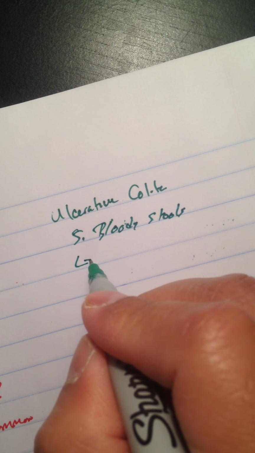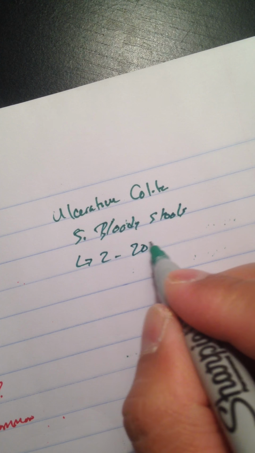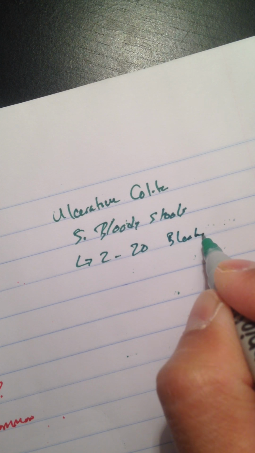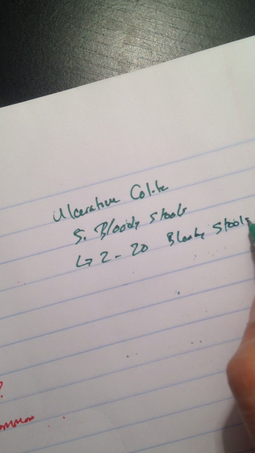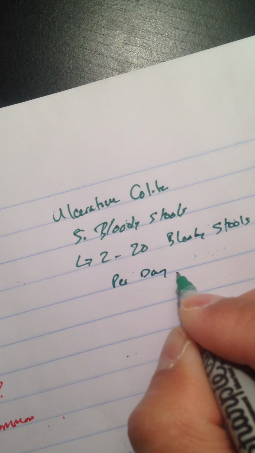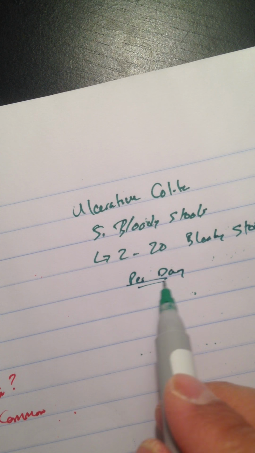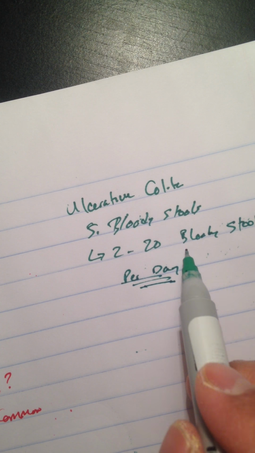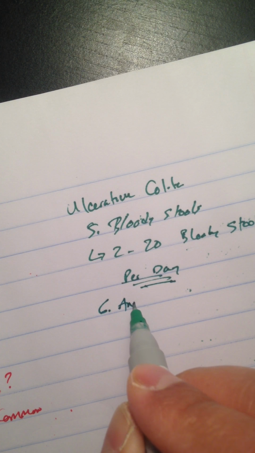But you may have up to 2 to 20 bloody stools per day, depending on the severity of ulcerative colitis. So that is a huge difference. So again, you'd have between 2 to 20 bloody stools per day. So bleeding out that much is going to cause anemia.